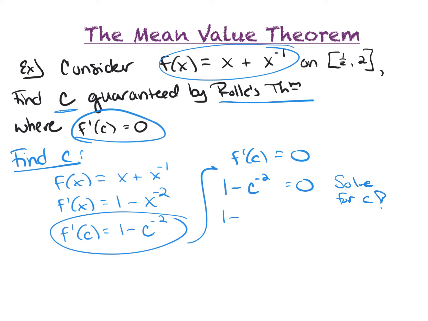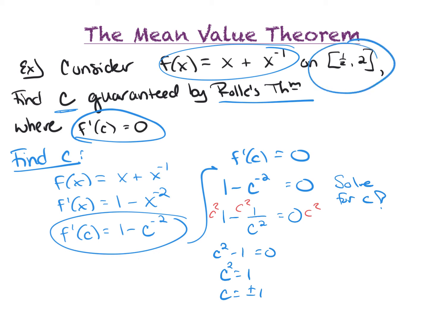That would be 1 minus, let's see, c to the negative 2 is 1 over c squared. I'm going to clear fractions, so multiply everything by c squared. And that's going to give me c squared minus 1 equals 0. Taking the square root of both sides, I have c equals plus or minus 1. So at first it seems like I have two x values that might work, positive 1 and negative 1.